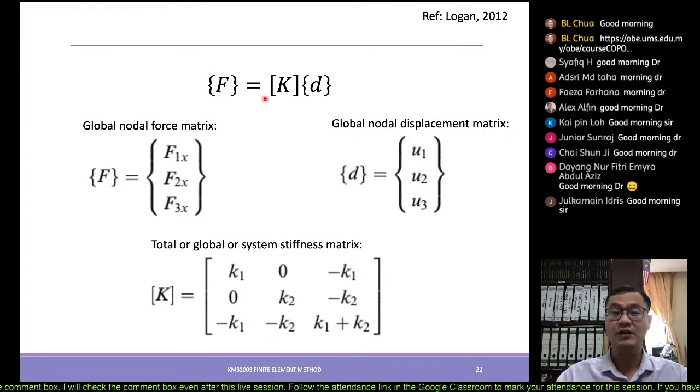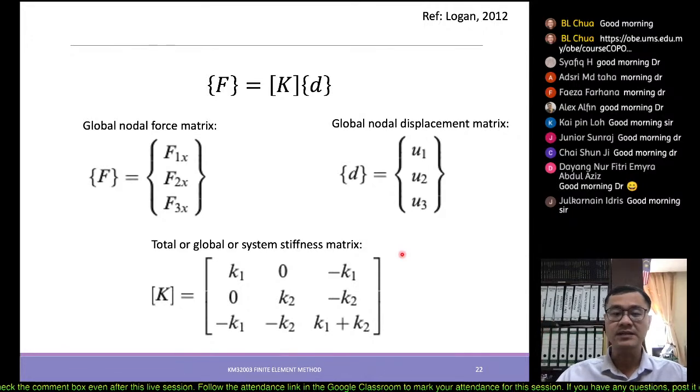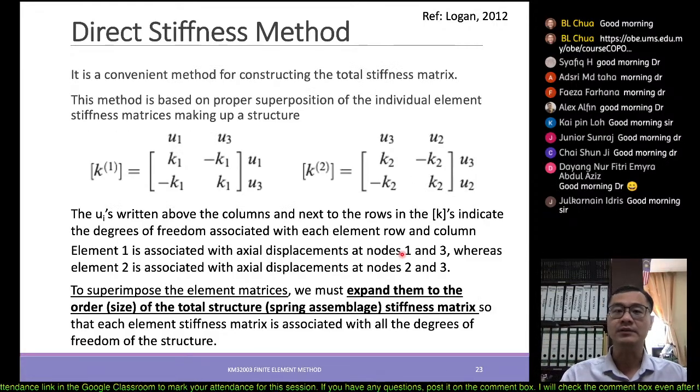So we have F equals KD, where this is now not the element but the global nodal force, this is the global nodal displacement, and this is the global stiffness matrix. This is where we assemble all the forces, displacements, and stiffness into a single matrix, and this is what the computer is doing.